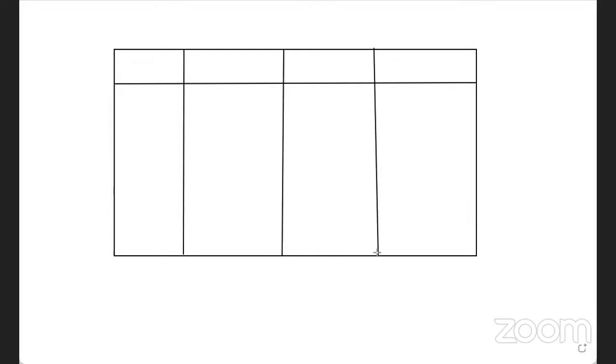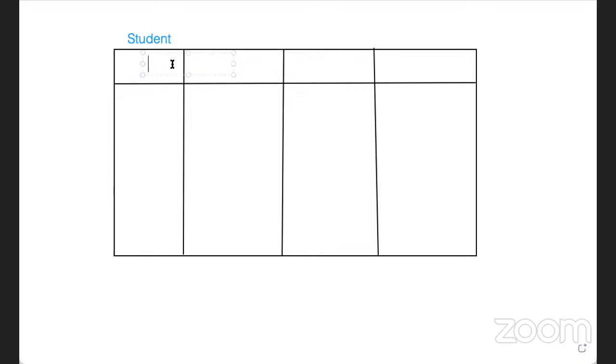So the table with rows and columns. We are going to create a table with rows and columns and store the data in that table. The table will look like this. Let's say this table name is student. So you're creating a student table.